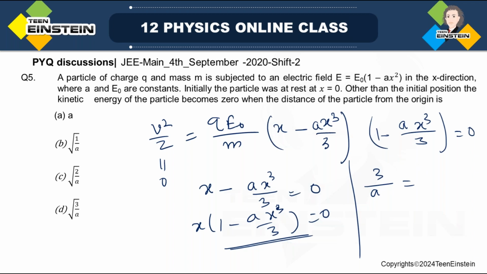See, this will be x square. Okay, x square. So what is x? X is square root of 3 by a. So the option D will be the correct answer for this question.